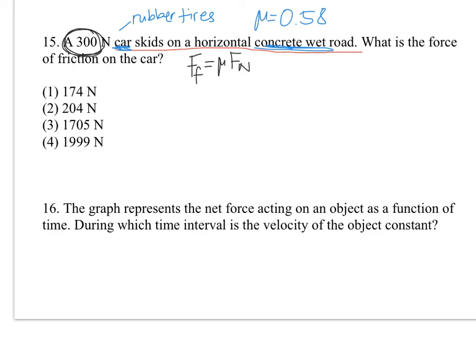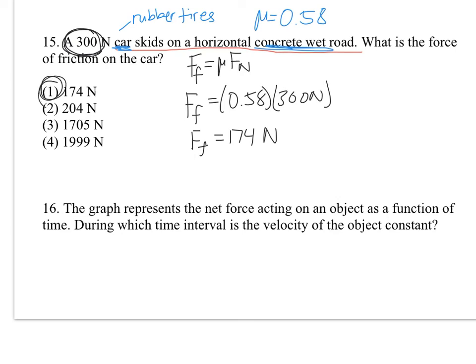The weight of the car is the same as the normal force, so we have both pieces. Okay, now let's solve. F_f is equal to 0.58 times 300 newtons. Multiply it out, and what do you get? Should get 174 newtons. Choice 1.